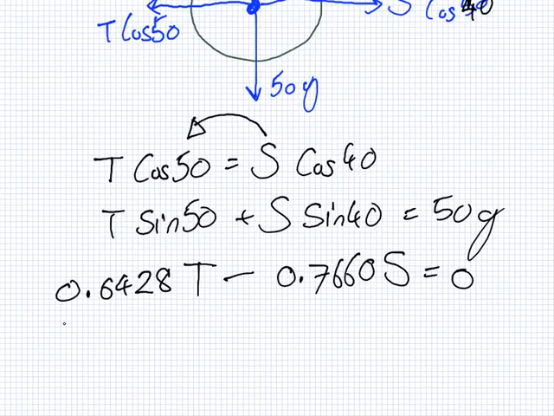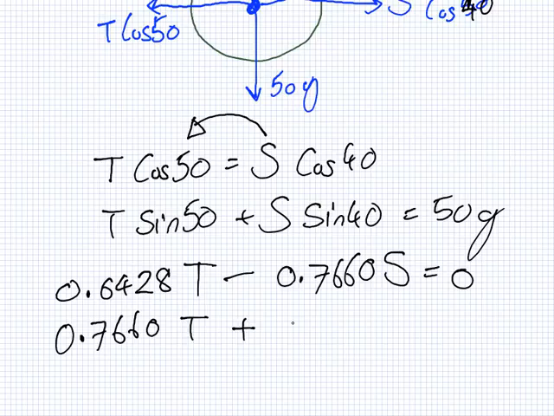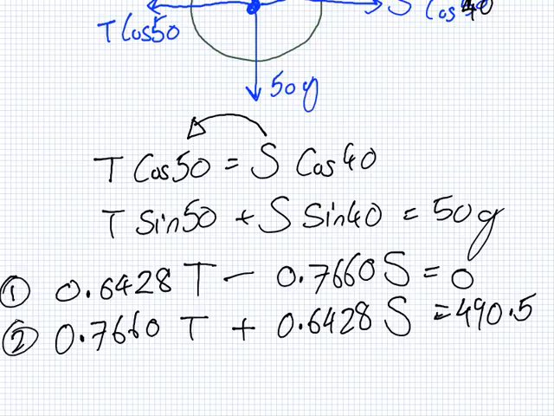And then for this one, sin 50, 0.7660 T plus sin 40, 0.6428 S, that must equal 50G, which is 490.5. So this is one equation, and this is the second equation.